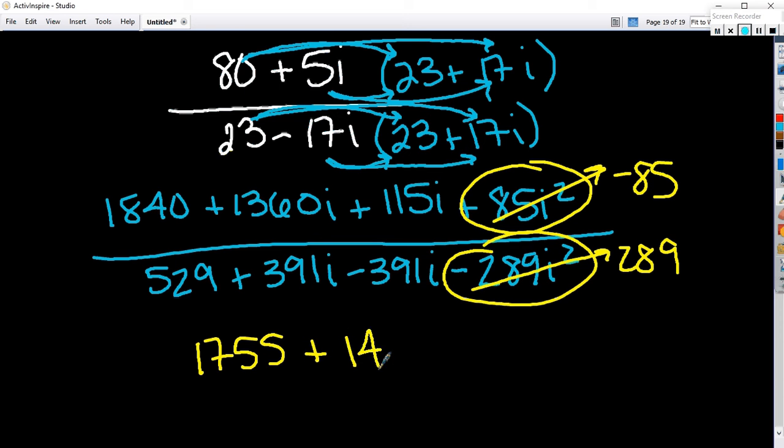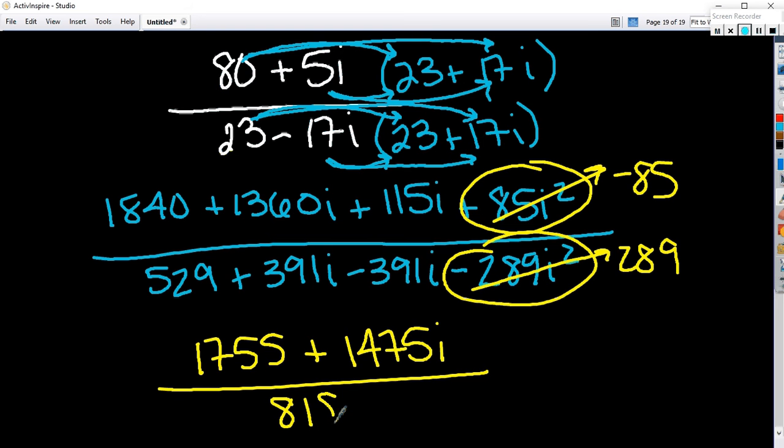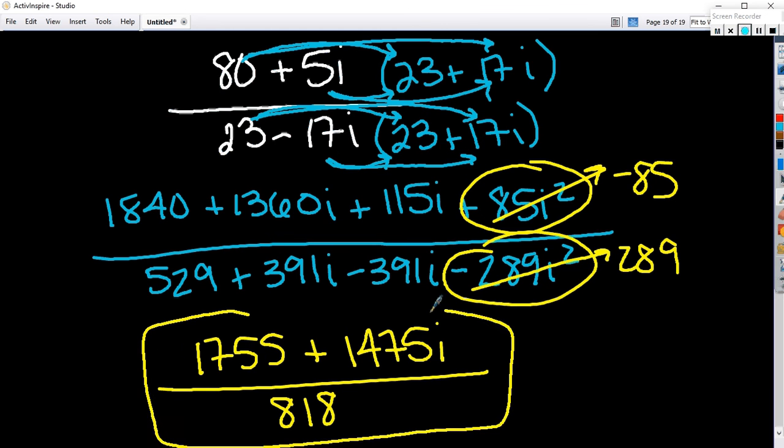That one's got an i on it. How about at the bottom? 529 and 289. And the i's canceled out. Alright, Bryce, we appreciate that, buddy.